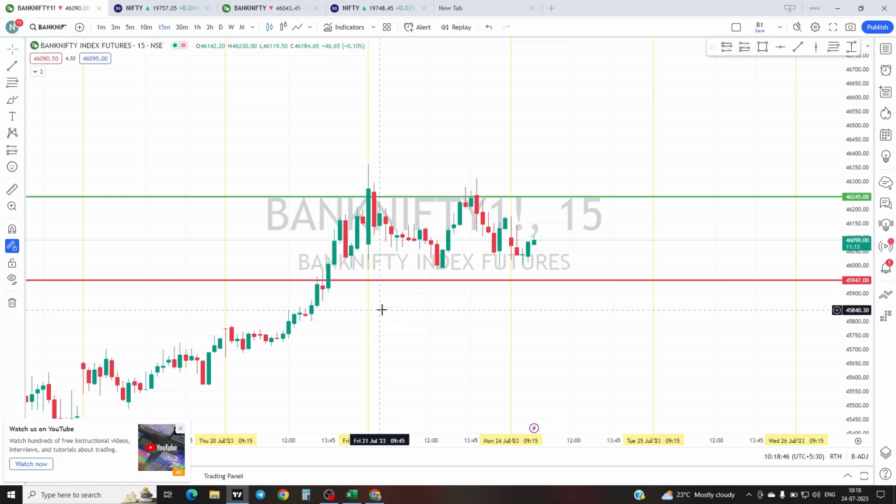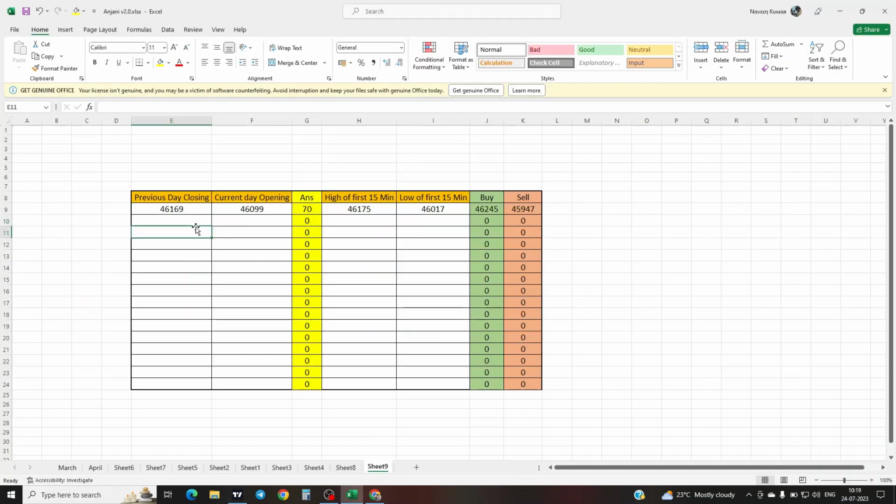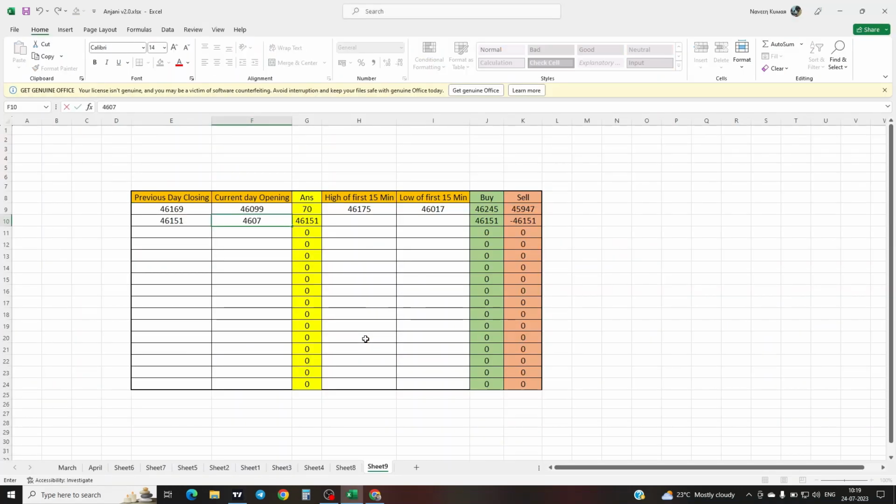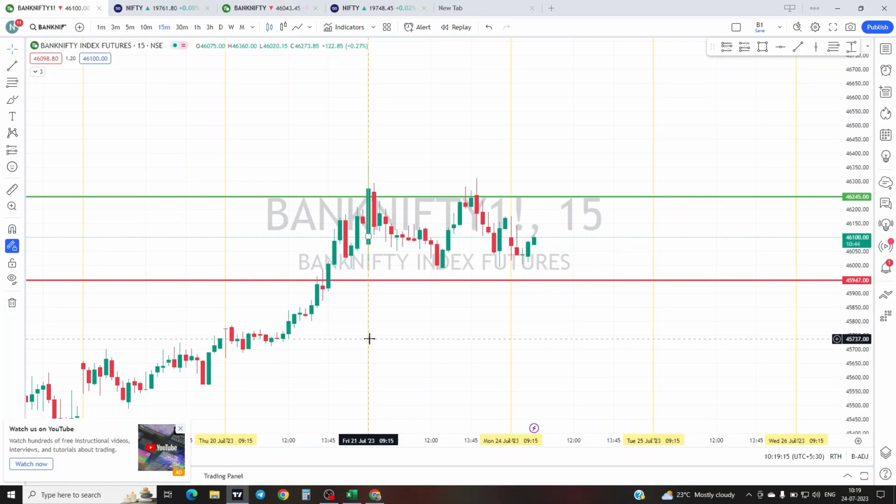To check the 21st buy sell level, we need the previous day closing, that is the 20th day closing. What was the closing of 20th? That is 46151. Enter 46151, right? And present day opening was 46075. What was the high? High is 46360.